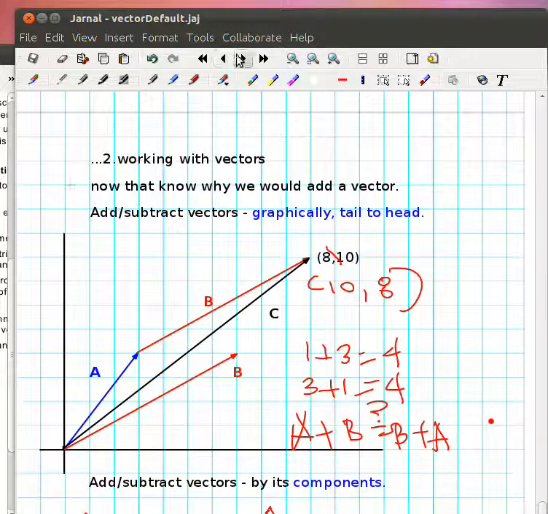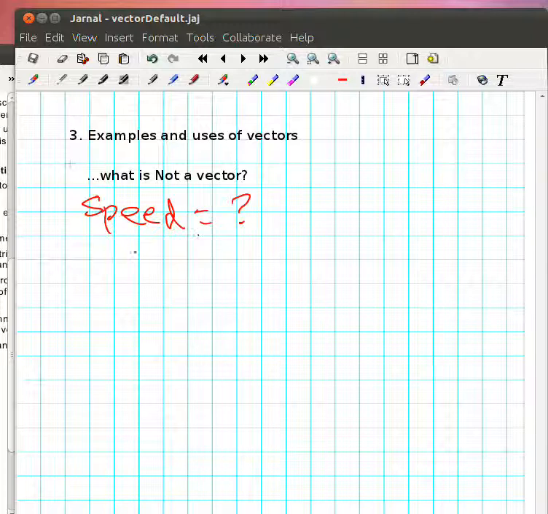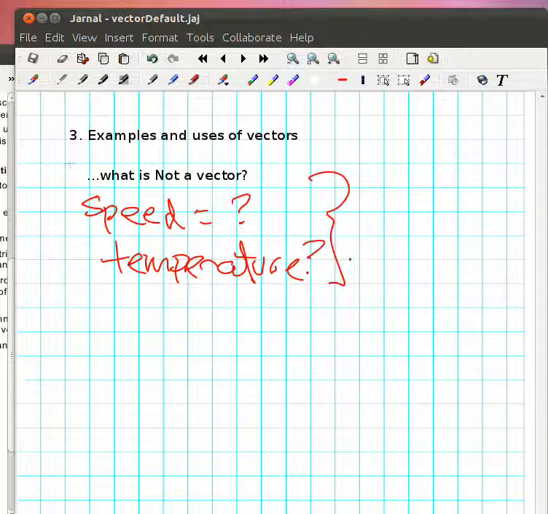So that was adding vectors. And finally, let's see some examples of vectors. Like we said, forces are vectors. But what is not a vector? For example, is speed a vector? Or is temperature a vector? Remember, vectors have to have a magnitude and a direction.